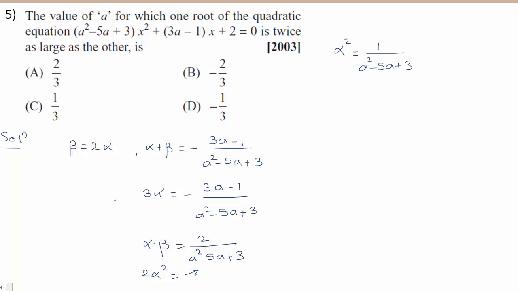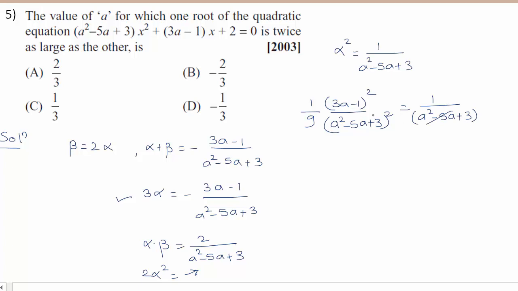Now alpha value we can obtain from this equation, that is this ratio into 1 by 3. So alpha square would be 1 by 9 into 3a minus 1 the whole square divided by a square minus 5a plus 3 the whole square. RHS is 1 upon a square minus 5a plus 3.